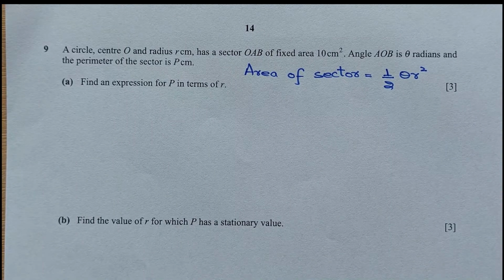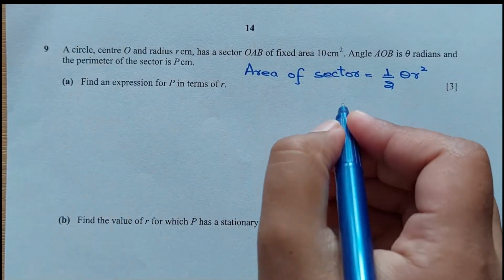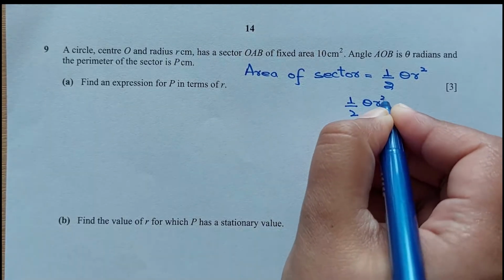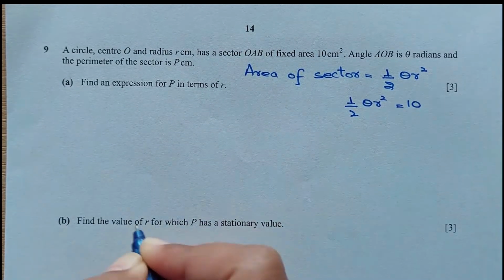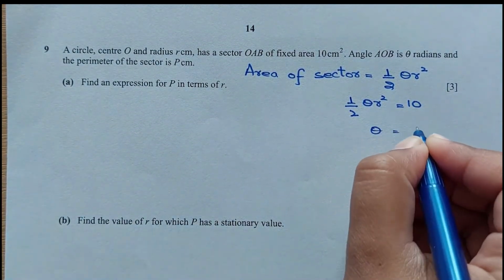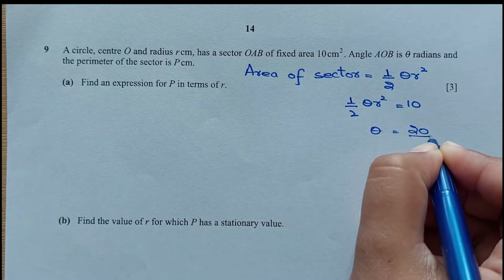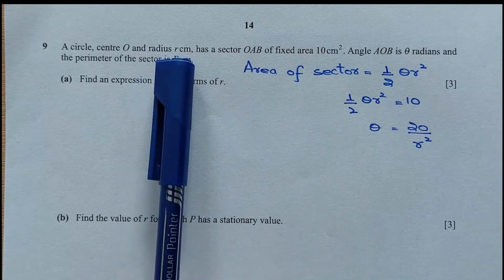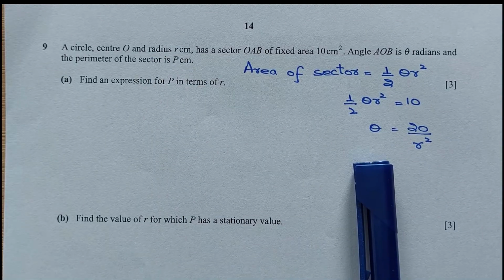And this is equal to 10, so half theta r square is 10, and 2 times 10 is 20. So theta is going to be 20 divided by radius square, so theta is 20 by r square.